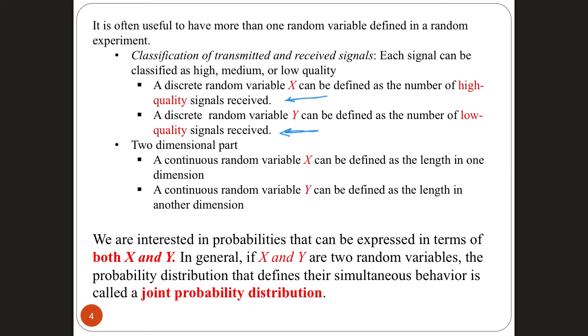And if you want to represent what is the probability that I will have 3 phones with high quality, 1 phone with low quality, that's the probability that X is equal to 3 and Y is equal to 1, right? Or what's the probability that I will have an equal number of phones having high quality and low quality.